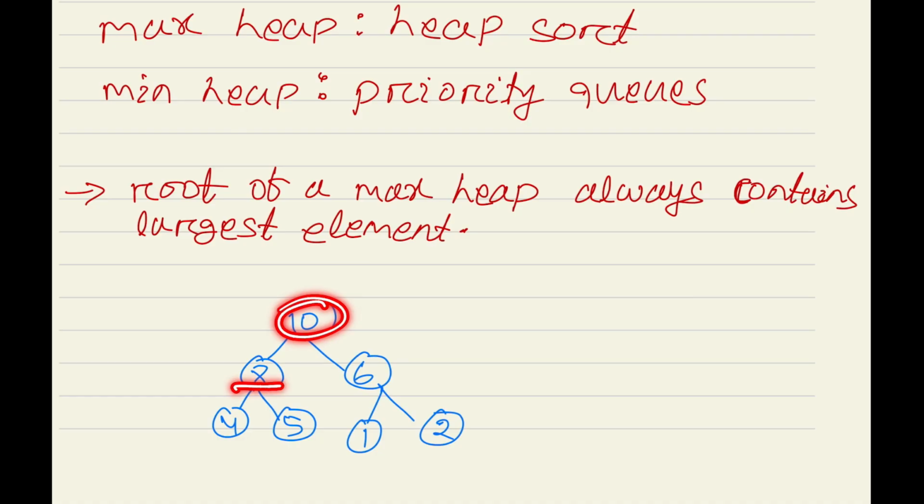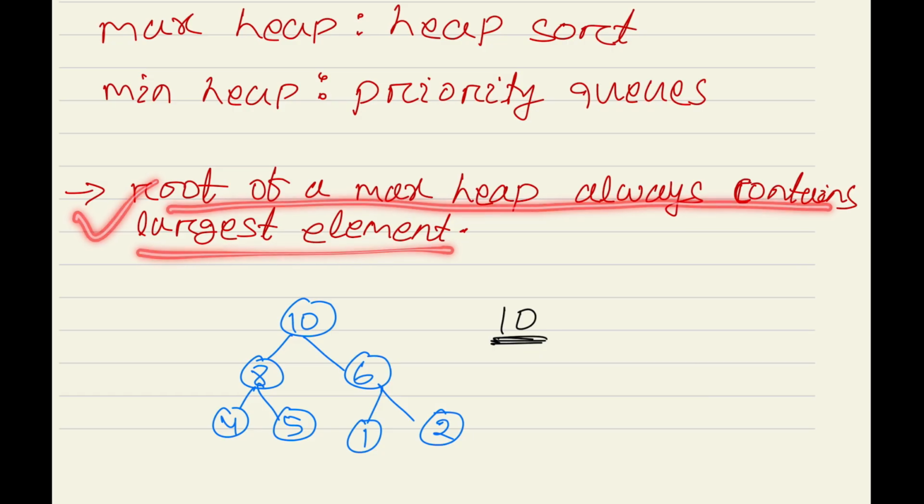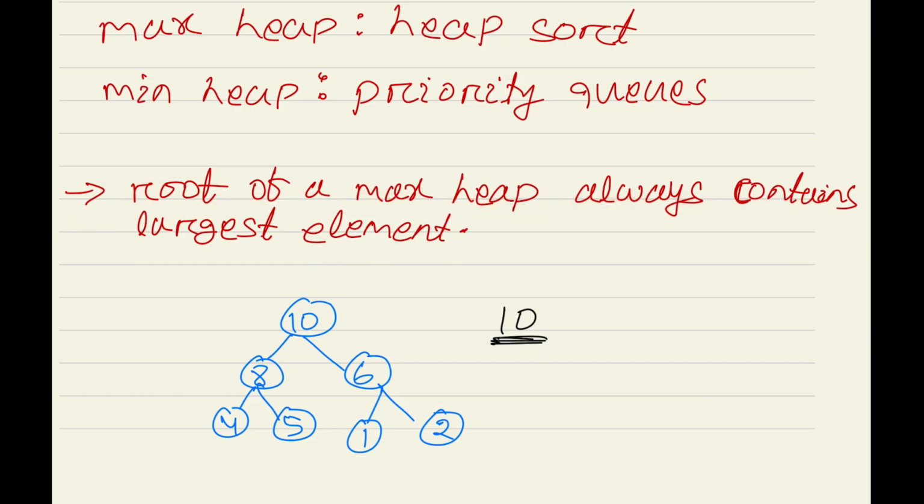For 10 it is greater than 8 and 6, for 8 it is greater than 4 and 5, similarly for 6 it is greater than 1 and 2. So we can say it is a max heap. In the max heap you can find the root node has the largest element. Here the largest element is 10, and that sits at the root. So this is one important property: root of a max heap always contains the largest element. Similarly for a min heap, the root of a min heap always contains the smallest element.